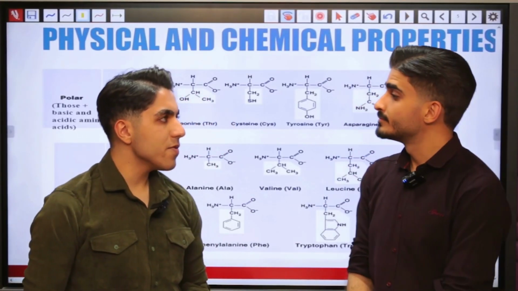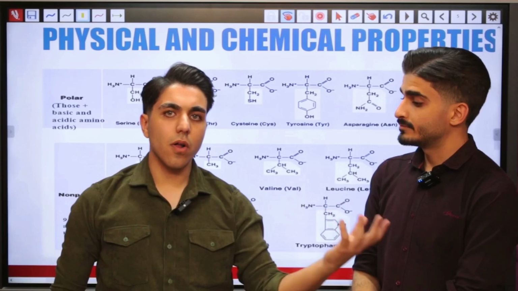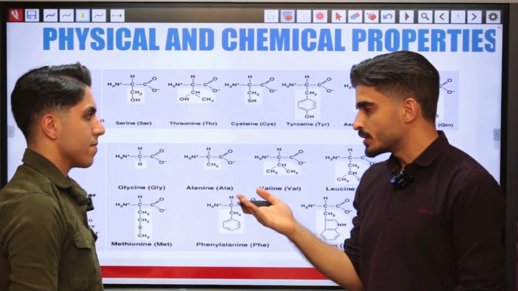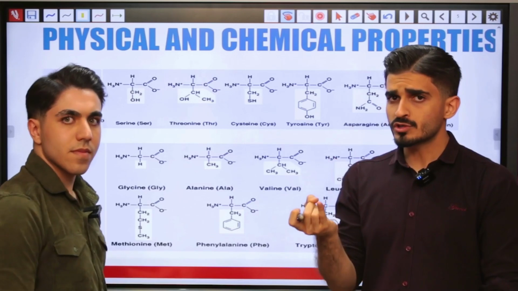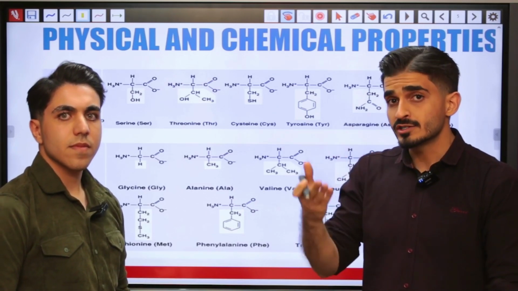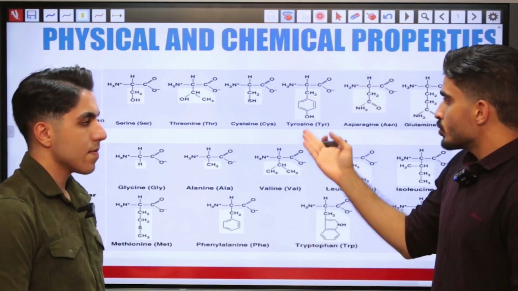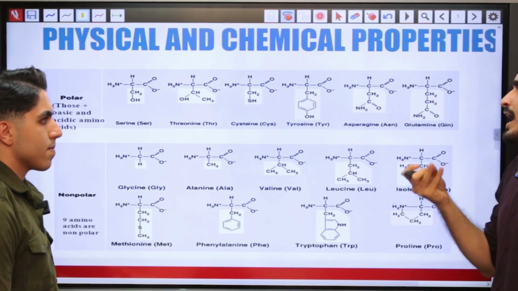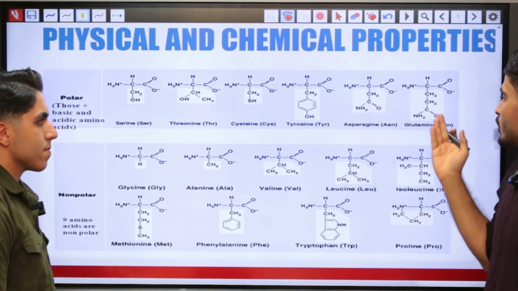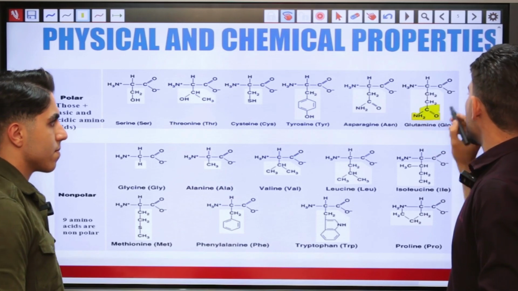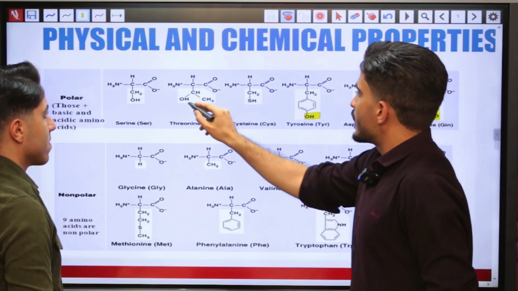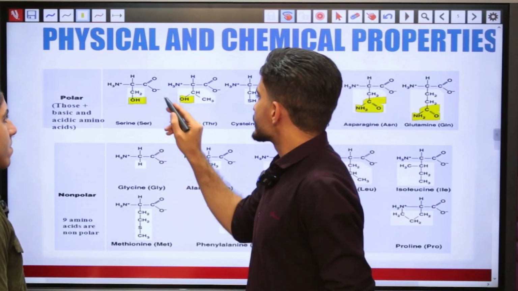So Armin, how do we know if an amino acid is polar or non-polar? Amino acids are generally polar, but we can comment on the polarity or non-polarity of their R groups. Those amino acids containing nitrogen and oxygen atoms are considered polar. Nitrogen and oxygen, hydroxyl group, hydroxyl.